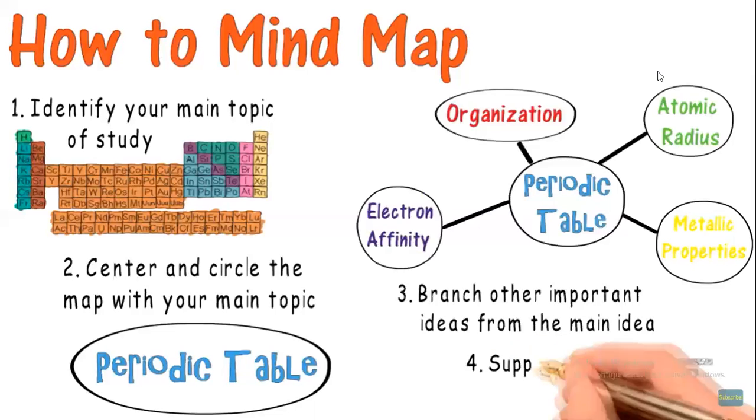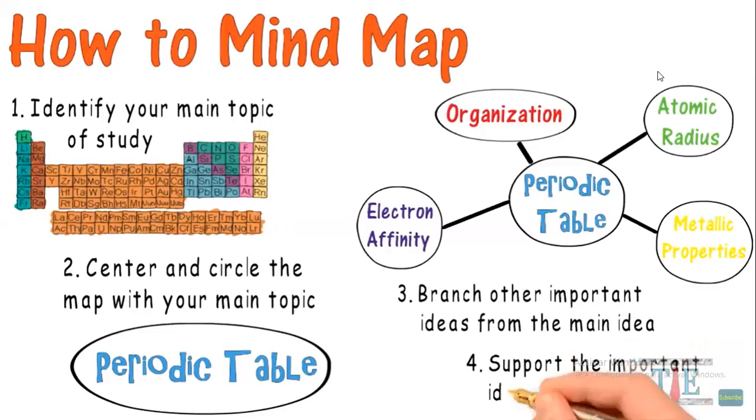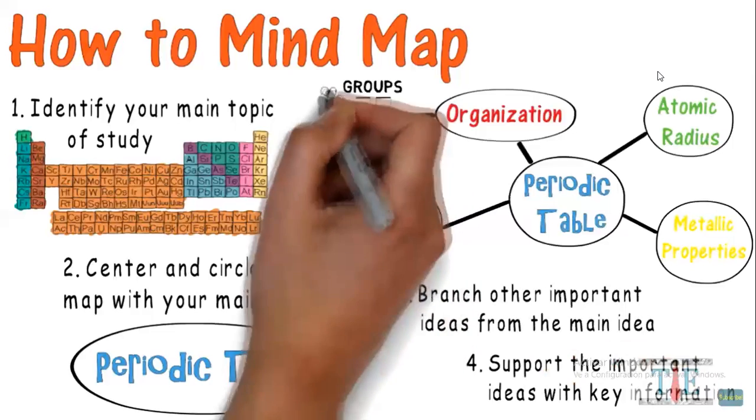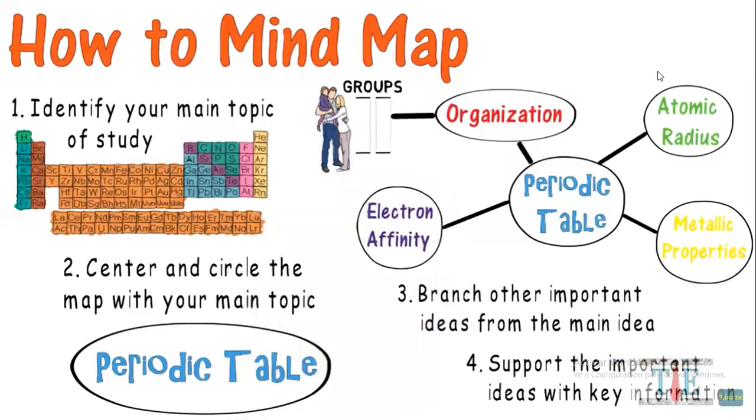Lastly, you want to support the important ideas with the most important information. So for example, the organization of the table can be broken down into groups or families, which are actually columns going up and down, and you can even add a drawing of a family to help you remember. The table is also broken down into periods, which are horizontal rows, so draw them as visuals.